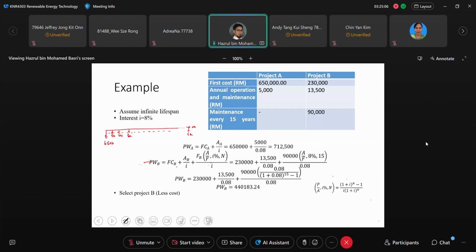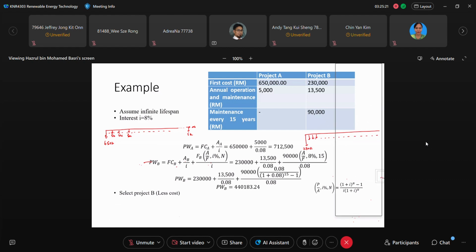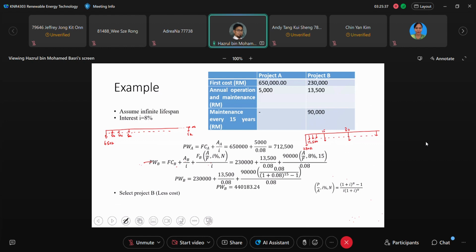Here is the first cost, 230,000. And then continuously, we will spend 13,500 ringgit for the operation and maintenance. But every 15 years, year 15, year 30, year 45, and so on, we need to spend an additional 90,000 ringgit.